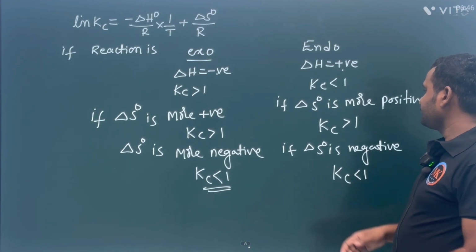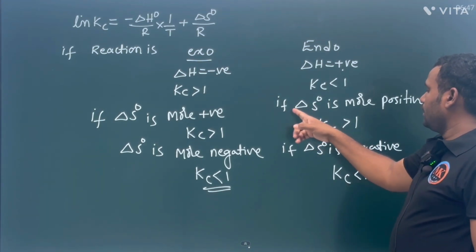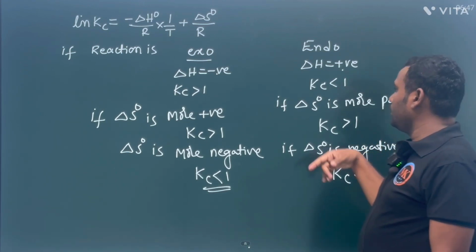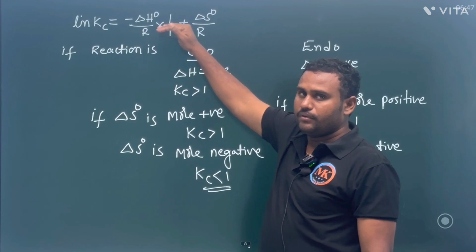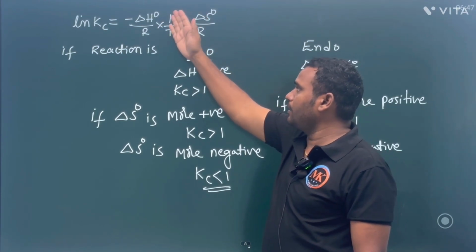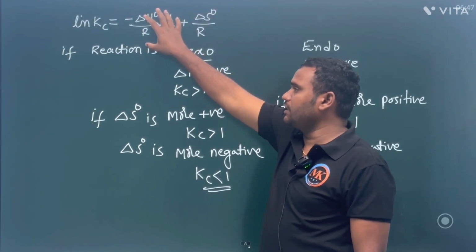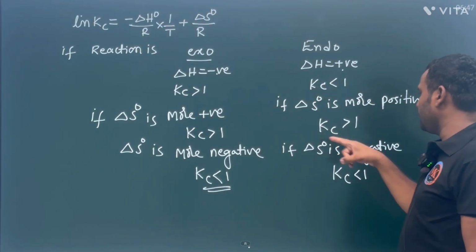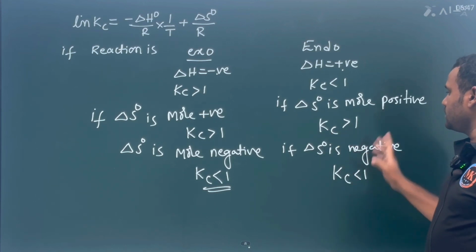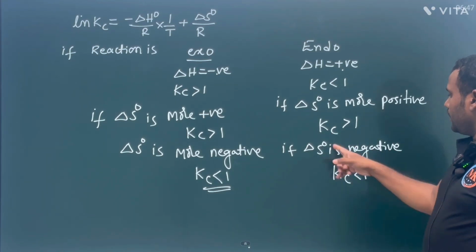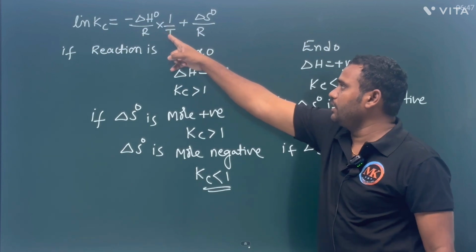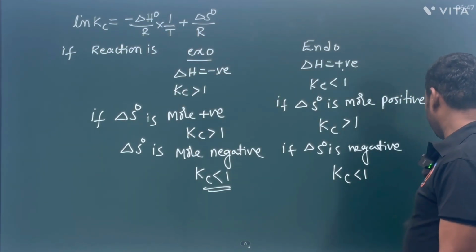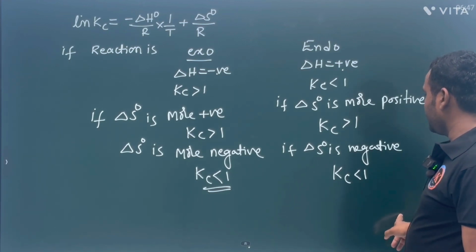Next, if delta S naught is more positive, then the negative value also becomes positive, because the positive value is higher when compared to the negative value, so the total becomes positive. Therefore Kc will be greater than 1. If delta S naught is more negative, this is negative and this is also negative, so Kc will be less than 1. Okay, so this is about the effect of temperature and the thermodynamic relation.